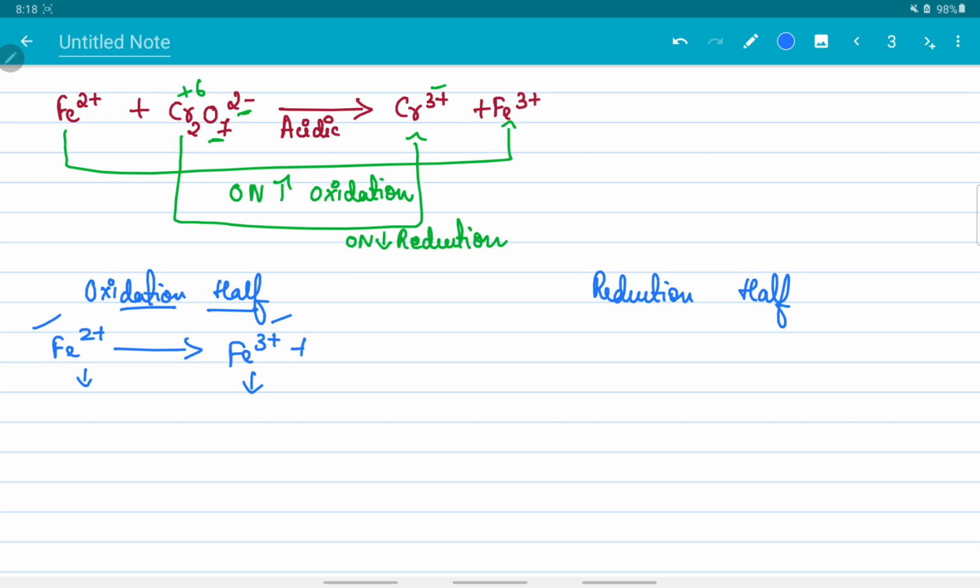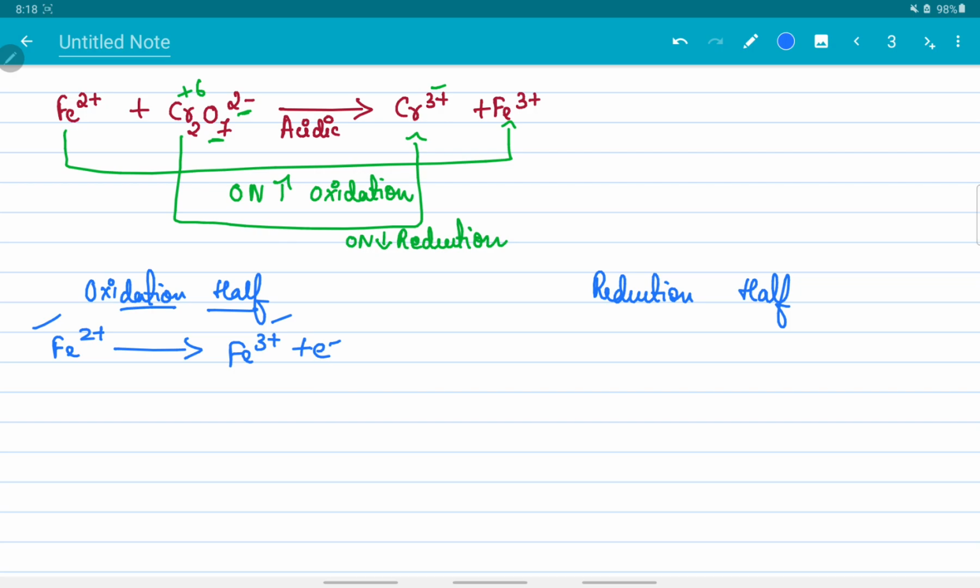So we give 1 electron to the RHS iron, so that it gets back 1 electron. Now the left hand side iron has lost 2 electrons and the right hand side has also lost only 2 electrons. That is how we add 1 electron to the RHS to balance the charge. Now this oxidation half is balanced.